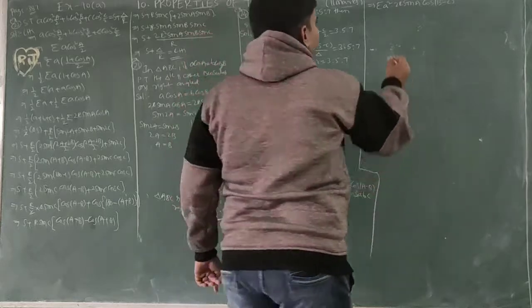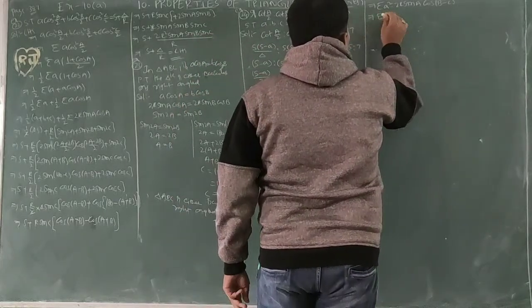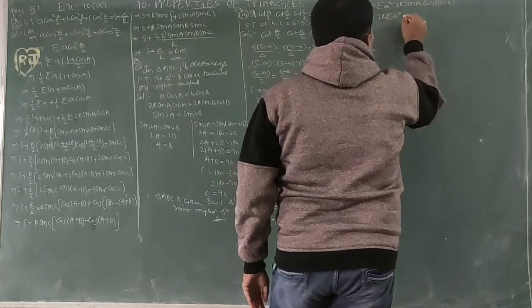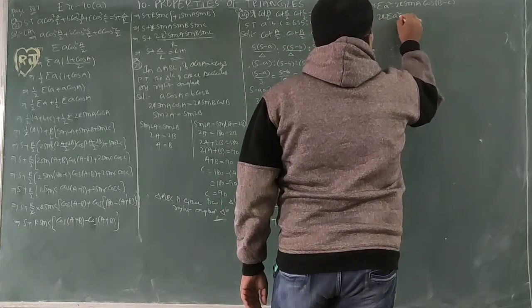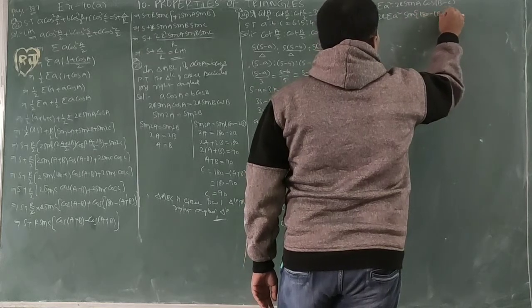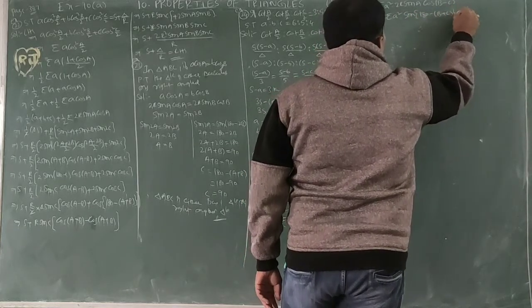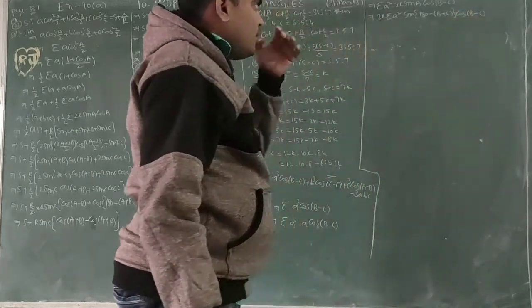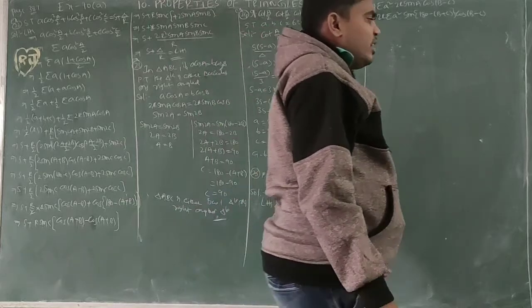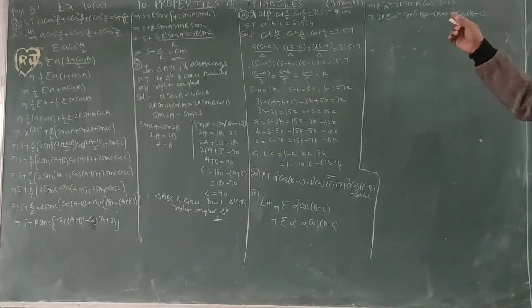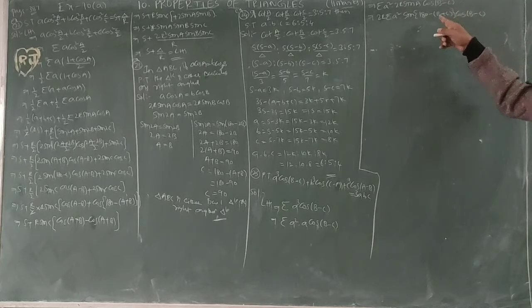So I am writing 2R in front: sigma a square sin a, where a equals 180 minus (b plus c), into cos of (b minus c).